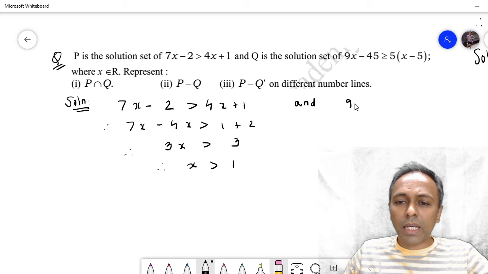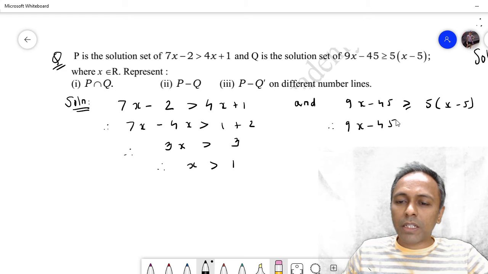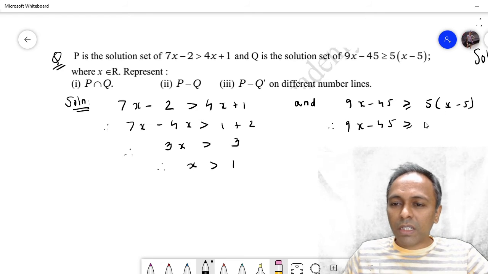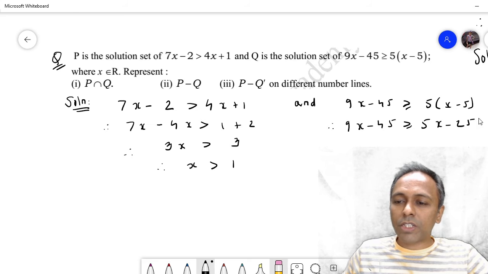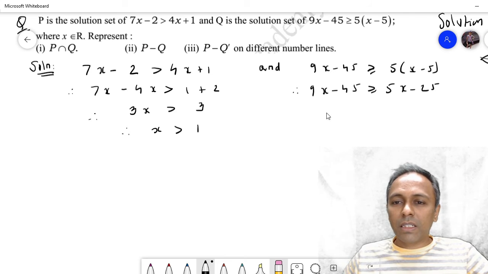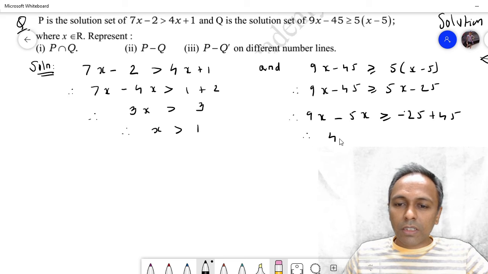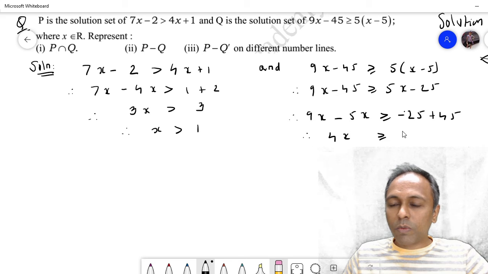Let us solve 9x minus 45 is greater than or equal to 5x minus 5. Therefore 9x minus 45 is greater than or equal to 5x minus 25. Therefore 9x minus 5x is greater than or equal to minus 25 plus 45. Therefore 4x is greater than or equal to 20.